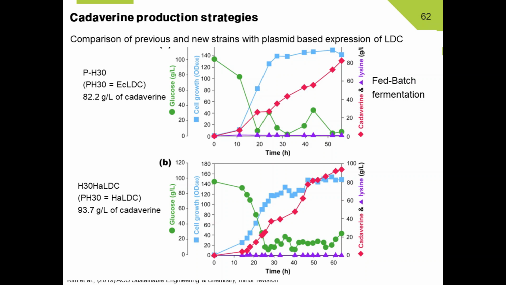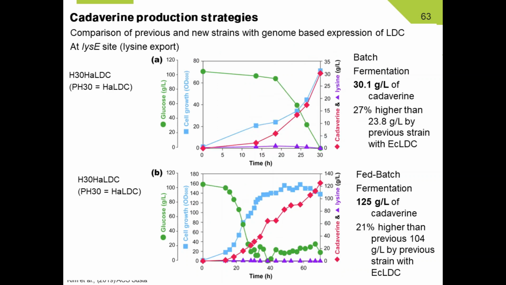For this one, we still compared plasmid-based expression of the previous strain and the new strain with E. coli LDC and Hafnia LDC in plasmid. The best titer was 93.7 by the plasmid-based expression of Hafnia alveoli LDC under the H30 promoter.